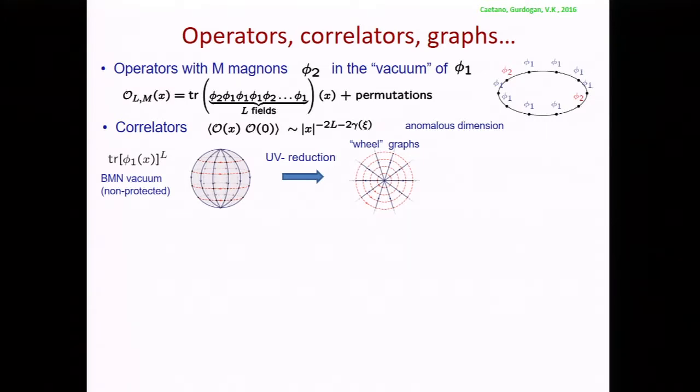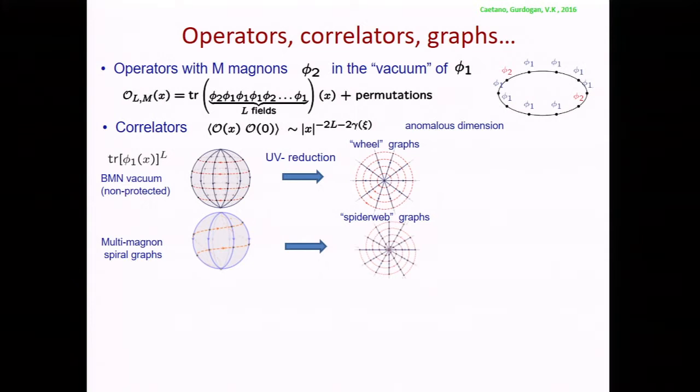Ultraviolet reduction of this graph consists of cutting out this cap in the UV, because we know that in the UV everything is defined by the vicinity of one of the poles, and you get so-called wheel graphs. If you insert magnons phi 2, for example, here we inserted 2 magnons, you will have this kind of spiral graphs, and if you cut a cap, you will get spider web graphs, also integrable graphs.